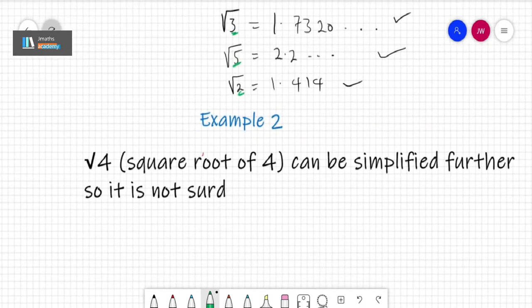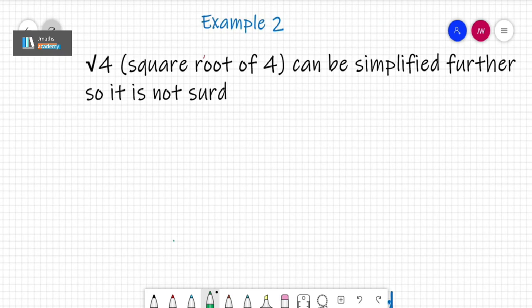The next example here says that the square root of 4 can be simplified further, so it is not a surd. If you're trying to find the square root of 4, you can do that using factorization. Square root of 4 is 2. By factorizing, 2 goes into 4 two times, so you have 2 times 2, which gives us 4.